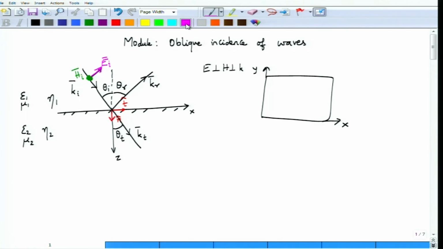Then I also have a reflected electric field. For the reflected electric field, I will assume that it is directed along this way. Again, you don't have to really worry about these directions. If the directions are different, the equations will tell us. This is like the notation for KCL and KVL. You can assume a certain direction for the current, and the equation tells you whether the assumed direction is correct or not.